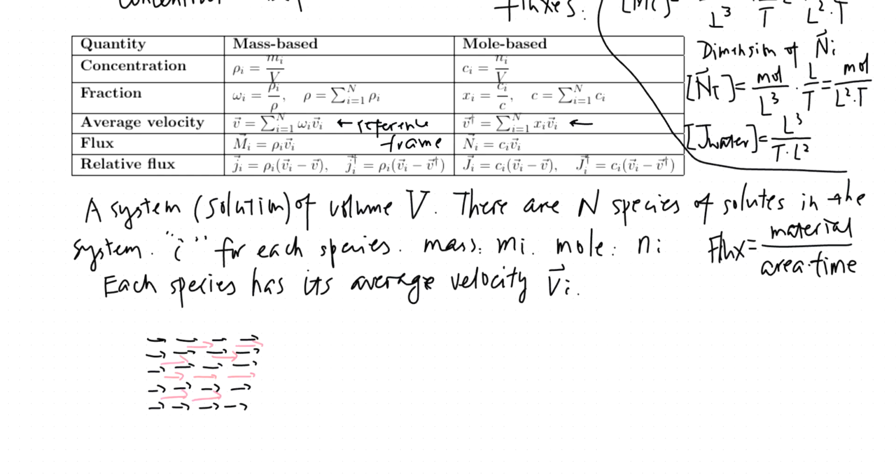Now the average velocity between these two equals the black velocity plus the pink velocity, divided by 2.